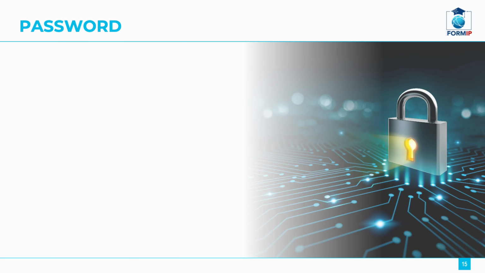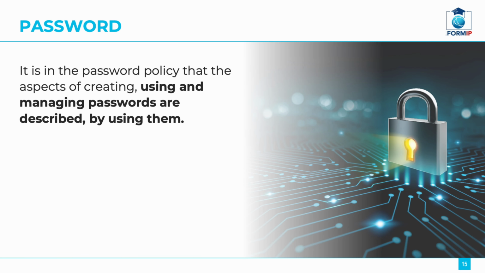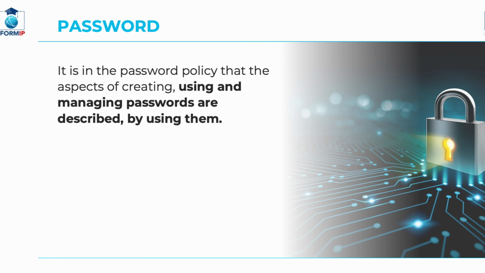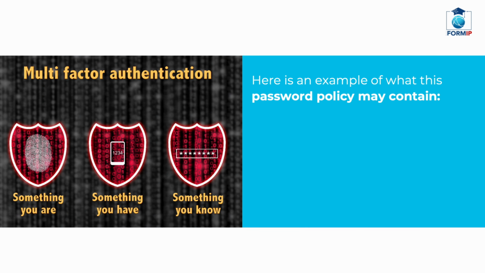Password. And the last company policy that we are going to see concerns passwords. It is in this documentation that the aspects of creating, using, and managing passwords are described, and how to use them. Here is an example of what this password policy may contain. The length and complexity of the password.